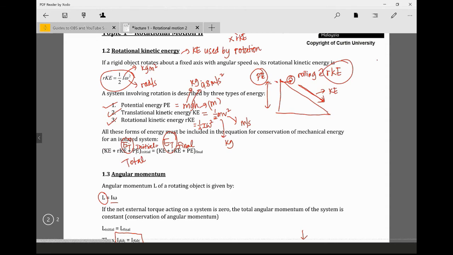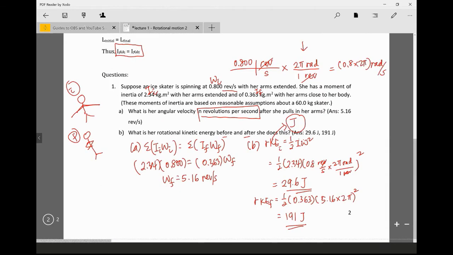But if you are referring only to the rotational kinetic energy, it will change. From initial to final, which one do you think will spin faster? It's definitely final.